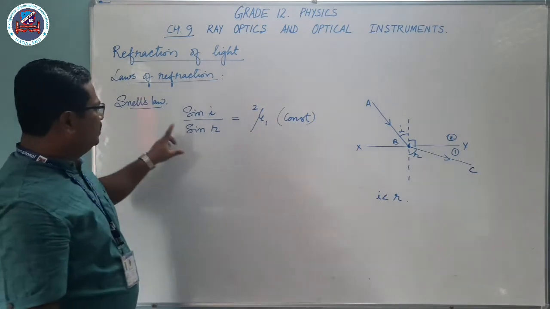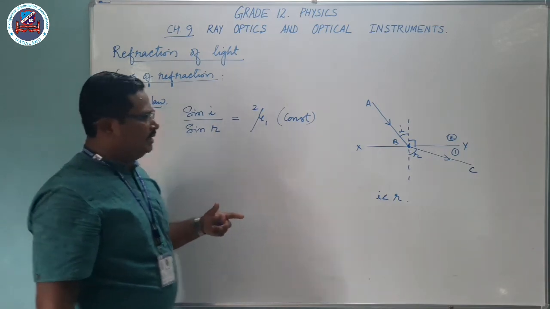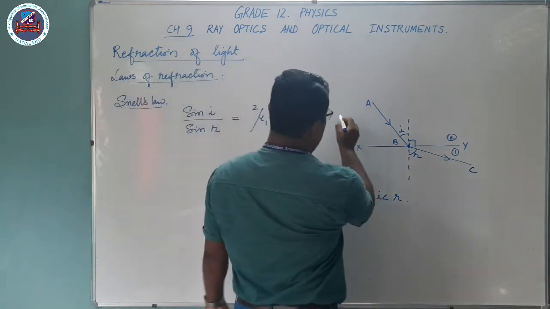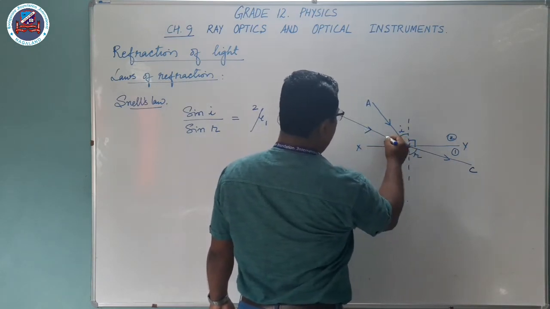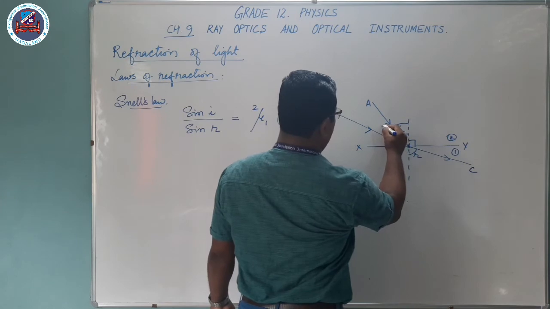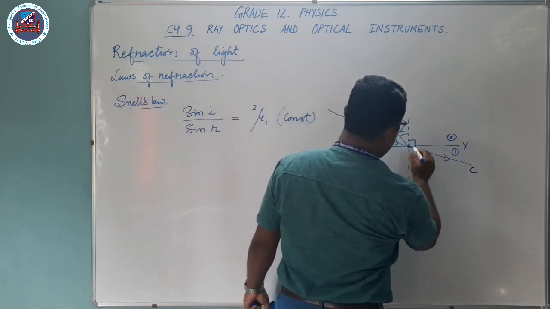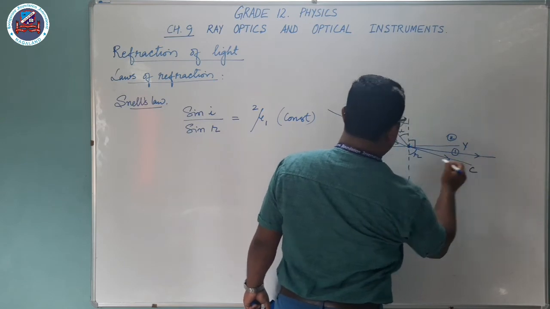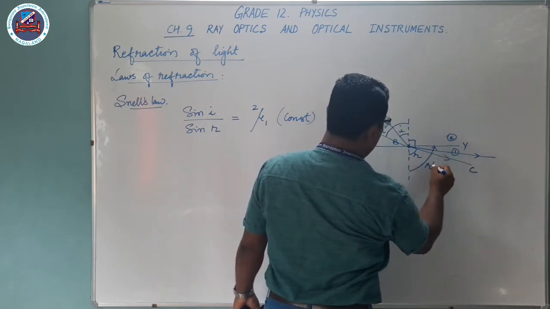Now we may wonder what it means that sin i by sin r is always constant. The meaning is like this. If I take another ray here, then this will be the angle of incidence. Let me mark it as i dash. The ray will get refracted this way, suppose away from the normal. Suppose this is r dash.